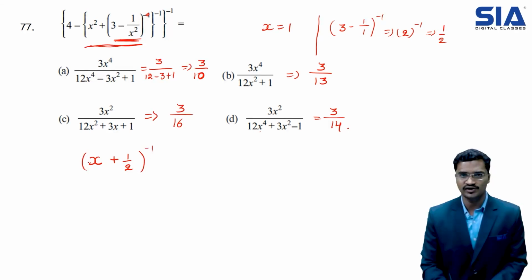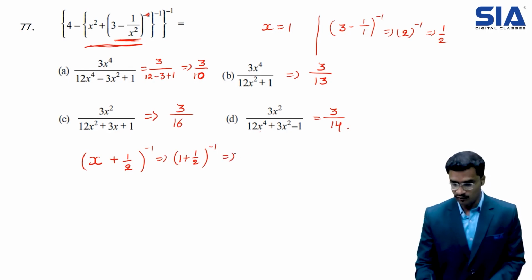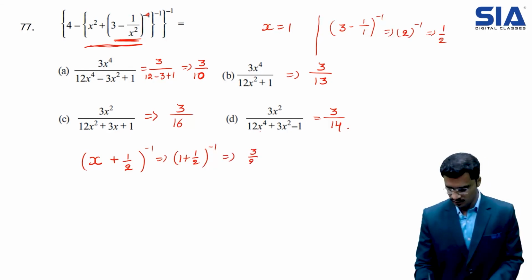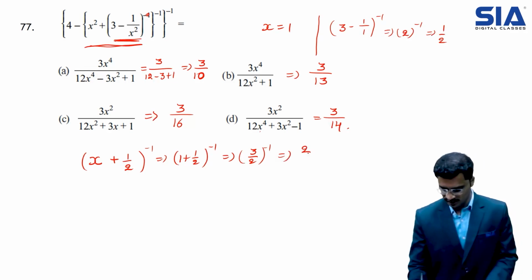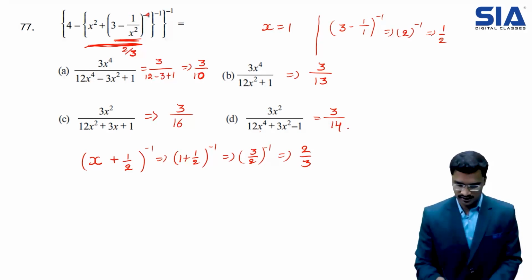Here the value of x is 1. So 1 plus 1 by 2 whole to the power of minus 1. Then 1 plus 1 by 2 is 3 by 2 whole to the power of minus 1. 3 by 2 whole to the power of minus 1 can be written as 2 by 3. So the answer for this value is 2 divided by 3.